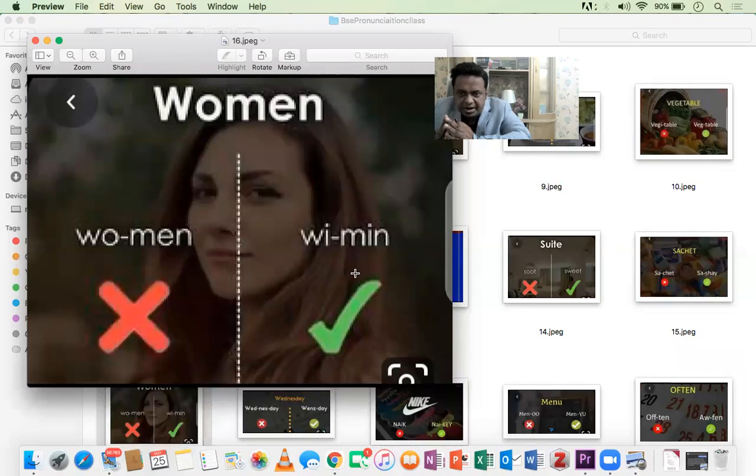It is not pronounced as woman, it is pronounced as women. Like if we say, Indian women are pretty, for example. It's not woman, it's women.